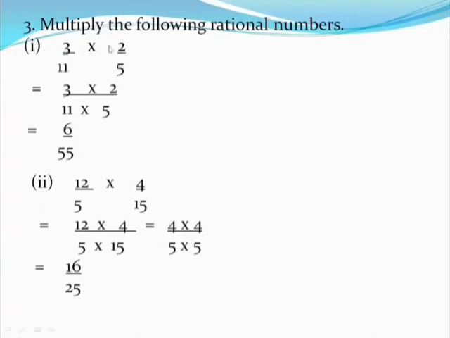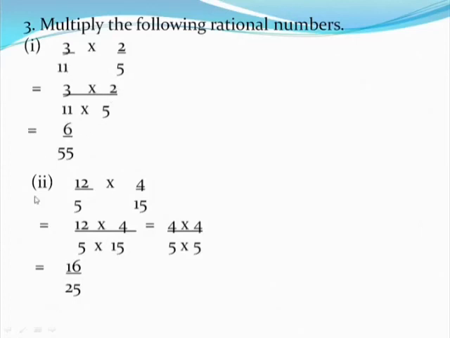Now here multiply the numerator with the numerator, that is 3 multiplied by 2, and denominator with the denominator, that is 11 multiplied by 5. 3 twos are 6 and 11 fives are 55. Therefore, the product of 3 upon 11 and 2 upon 5 is 6 upon 55.